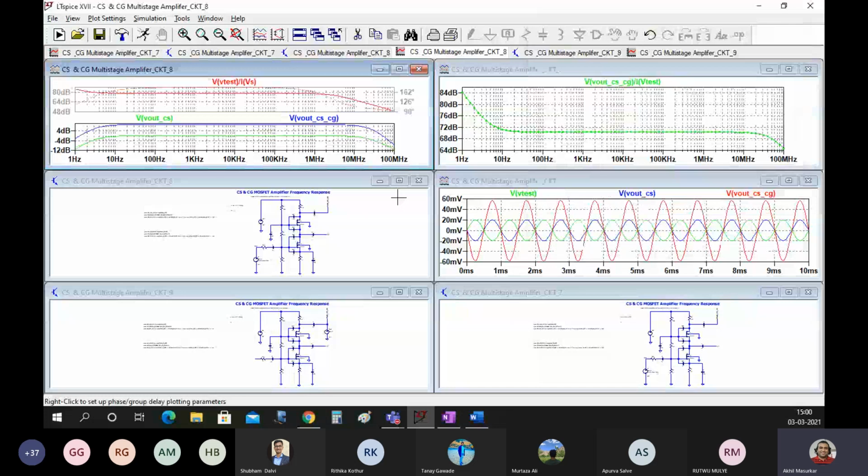Here we have a transient analysis, here we have frequency analysis, here we have input resistance, and here we have output resistance. So circuit is the same in all three places, but some minor changes we had to do. So I hope you have got the complete analysis A to Z of what we have done.